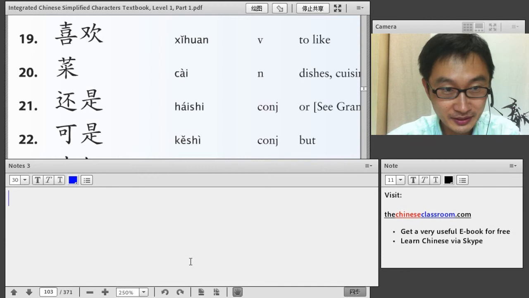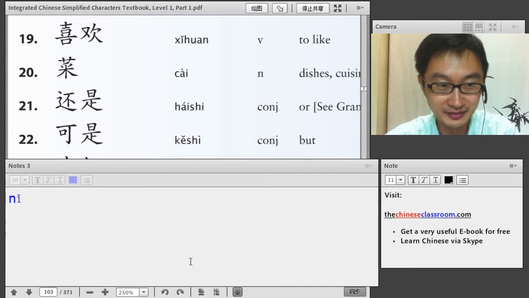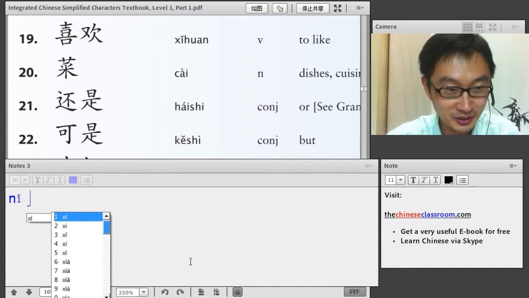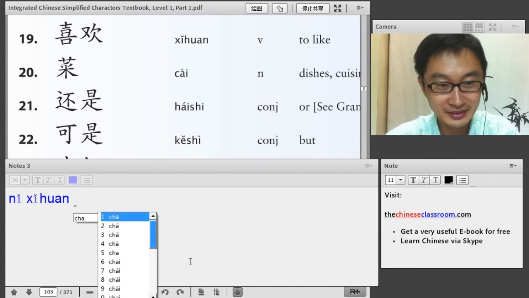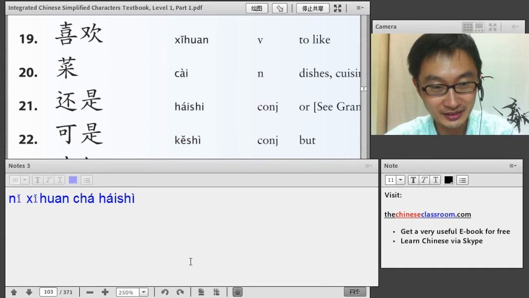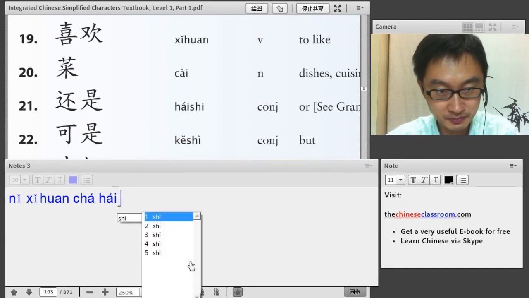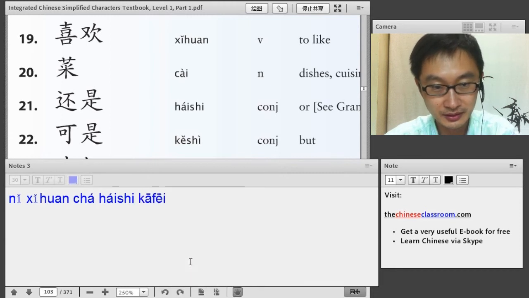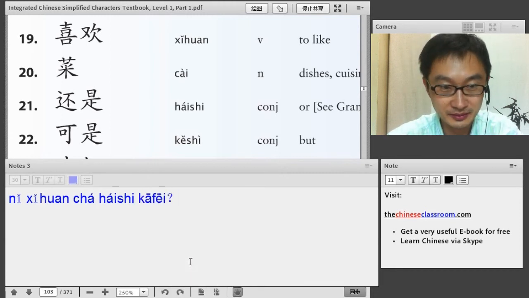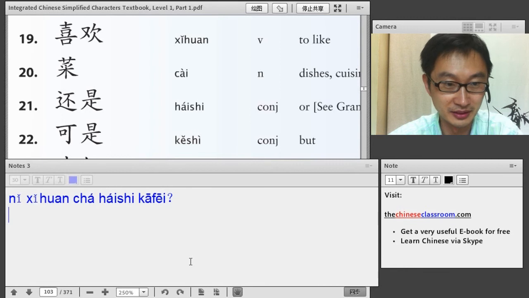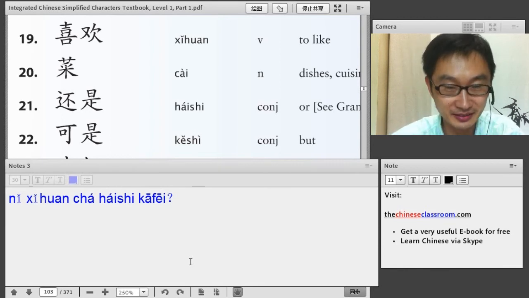For example, do you like tea or coffee? How do you say that, before I write it? Okay. 你喜欢茶还是咖啡? Do you like tea or coffee? Then another person will make a choice. They say 我喜欢茶, I like tea. Or 我喜欢咖啡, I like coffee.